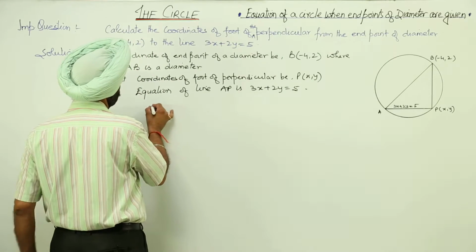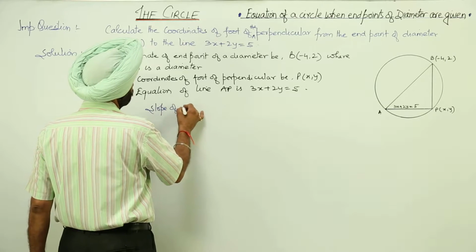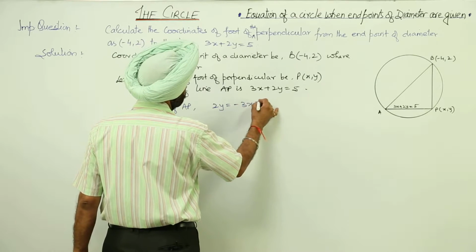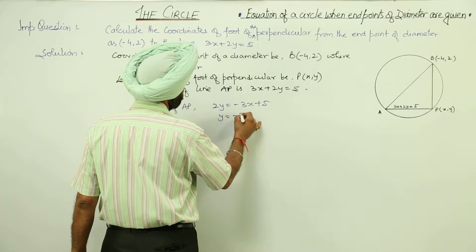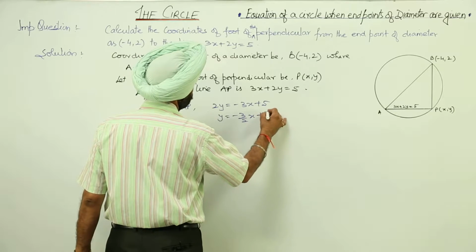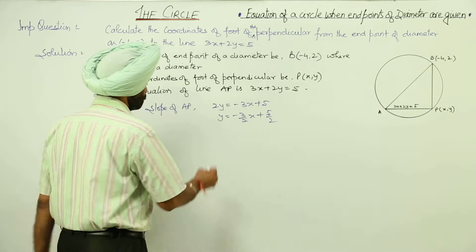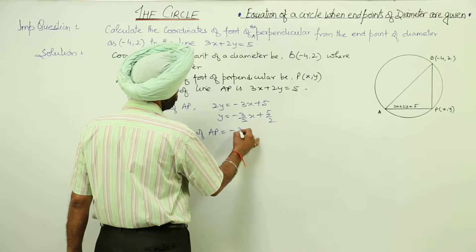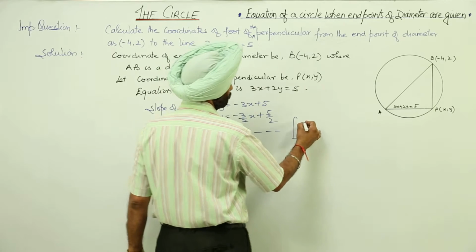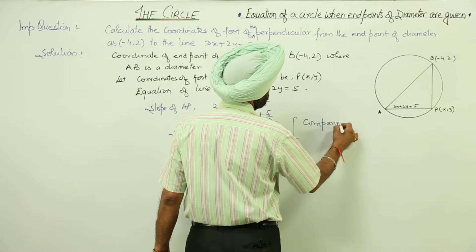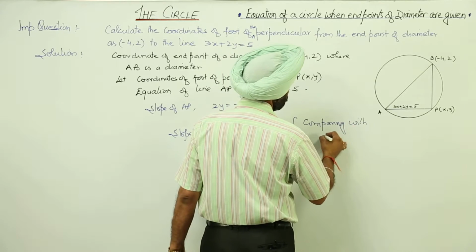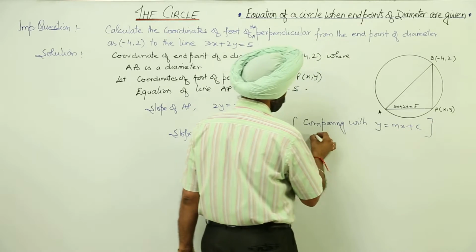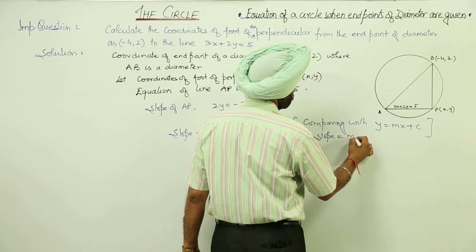Now, for the slope of AP, first we are having 2y = -(3x) + 5, or y = -(3/2)x + 5/2. So the slope of AP is equal to -3/2, comparing with y = mx + c, where slope is equal to m.